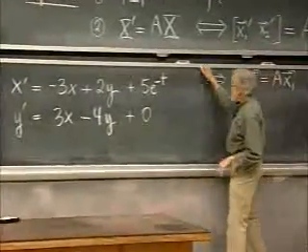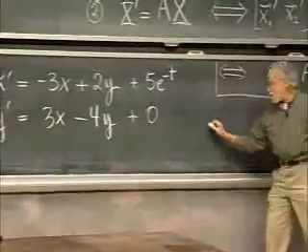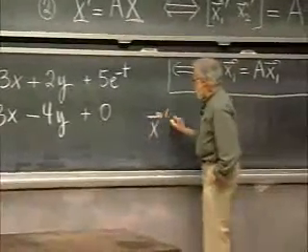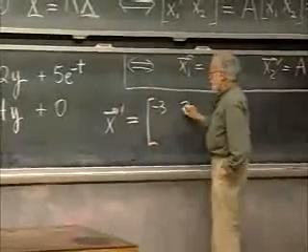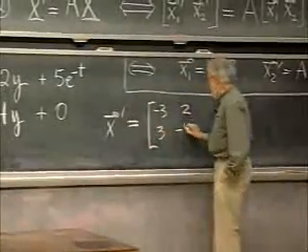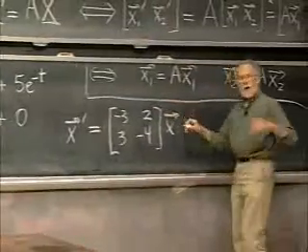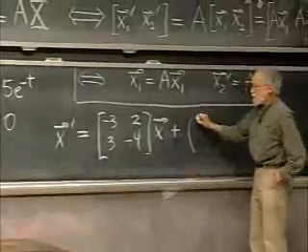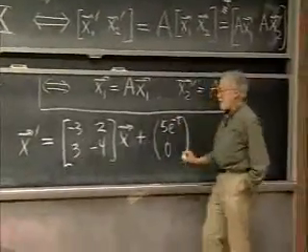Okay, this is now an inhomogeneous system. So in other words, the system is X prime equals this matrix, -3, the same sort of stuff we always had, plus the inhomogeneous term, which is the column vector 5e to the minus t, and 0.